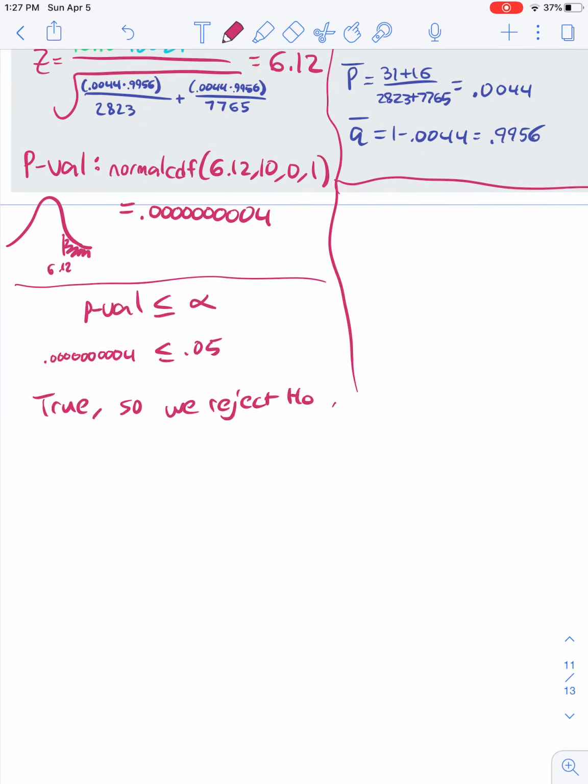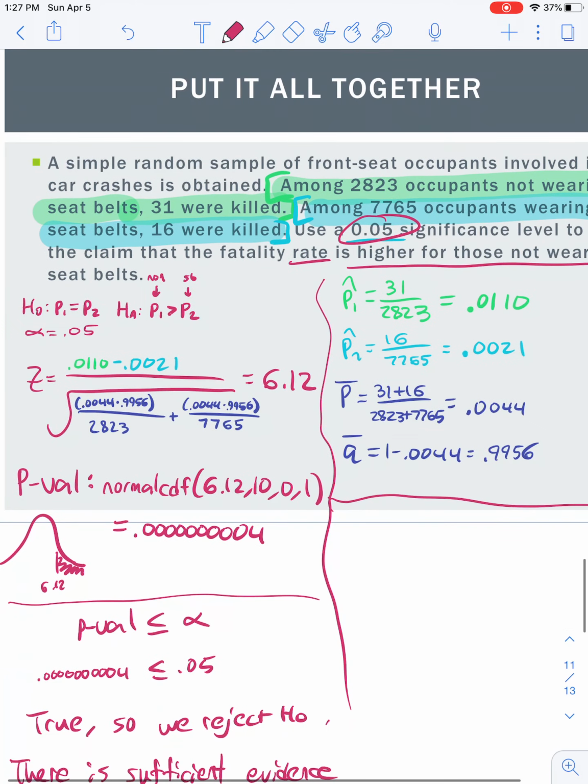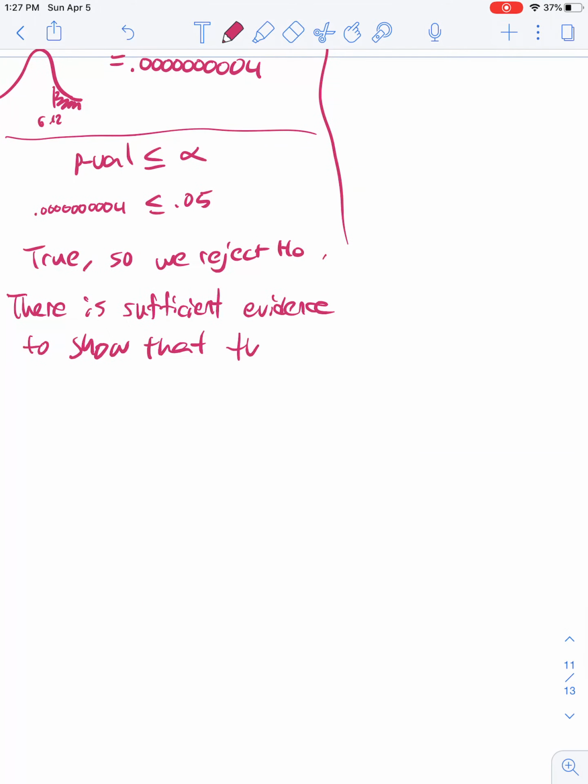So there is sufficient evidence to show that the fatality rate is higher without a seatbelt.